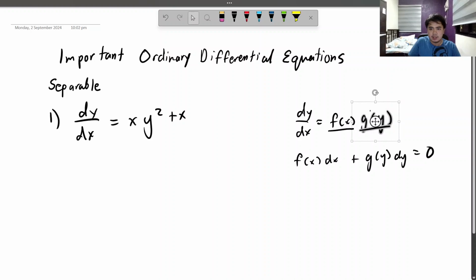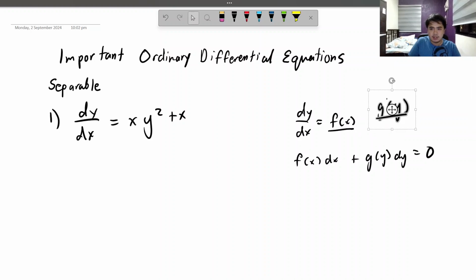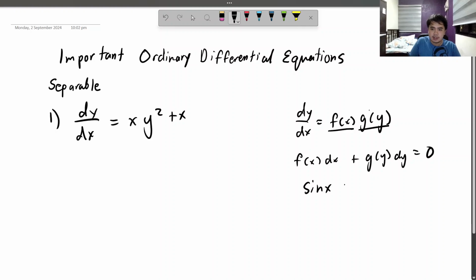So we can move this to the other side and whatnot, without x interfering. So, for example, sine of x and then cosine of y. This is separable.